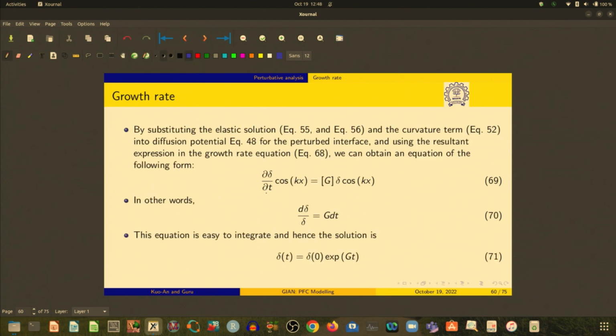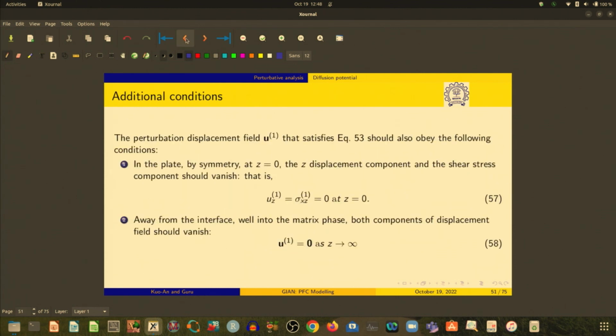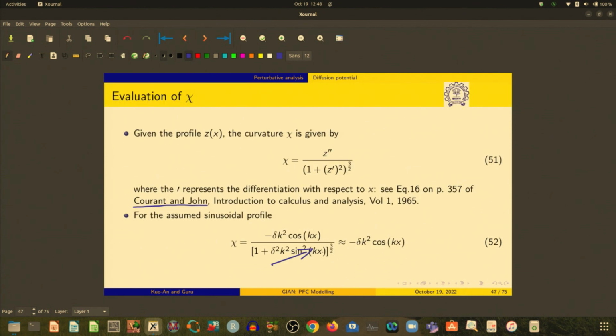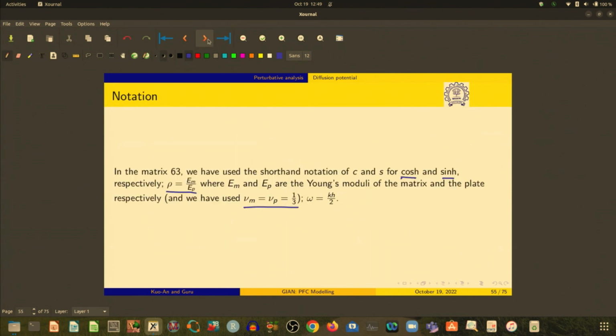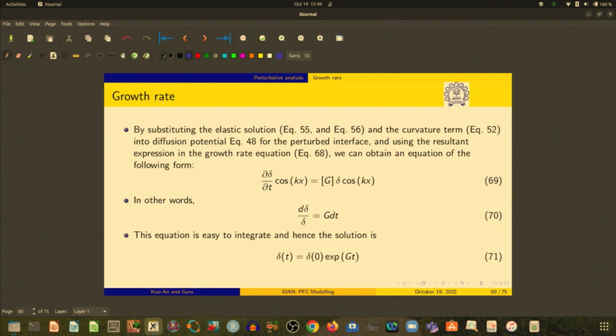So, let us say that, just look at the curvature term that we evaluated, del squared phi by del s squared. It will have gamma and it will have del k squared cos k x, right, and you will take the derivative with respect to x. So, it will give you k squared and so on. So, you can see that it will have some del and some k squared expression, at least from one of the terms. It will be similar in other terms also.